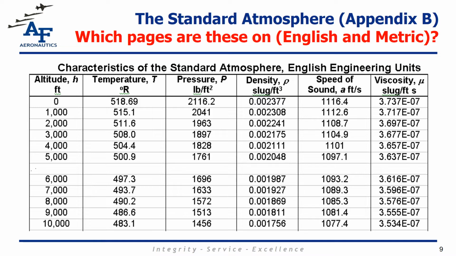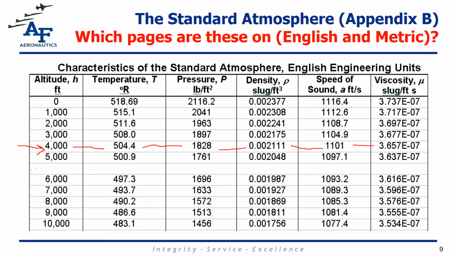We will be using the standard atmosphere table a lot starting today. One thing you need to know, in order for you to use the entire table, we have to assume a standard day. You'll hear the word standard day or standard atmosphere. If that is the case, all the elements for a given altitude are viable or allowed for a particular problem.